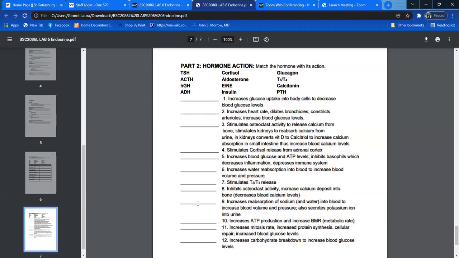That's aldosterone. 10, increases ATP production and increases the basal metabolic rate. That's T3, T4. 11, increases mitosis rate, increased protein synthesis, cellular repair, human growth hormone. And 12, increases carbohydrate breakdown to increase blood glucose levels. That would be glucagon.